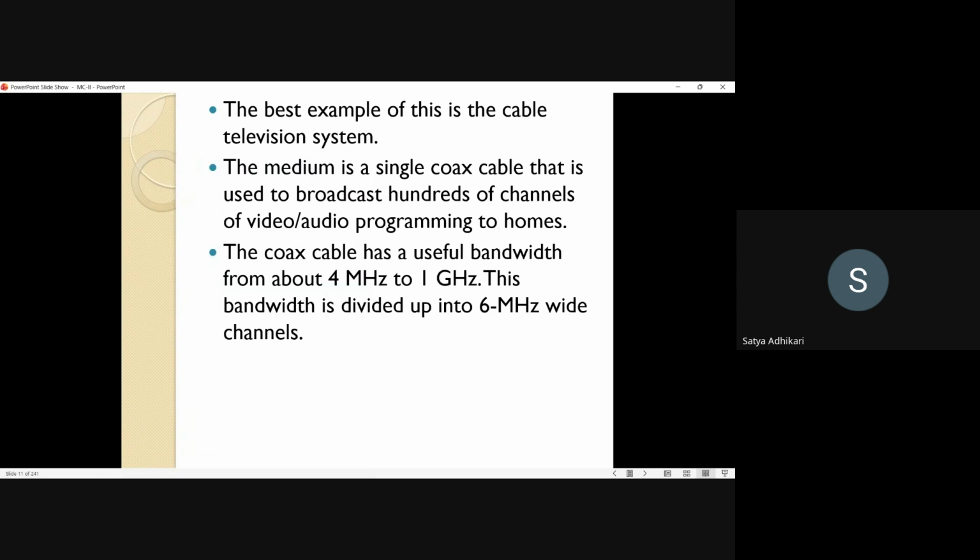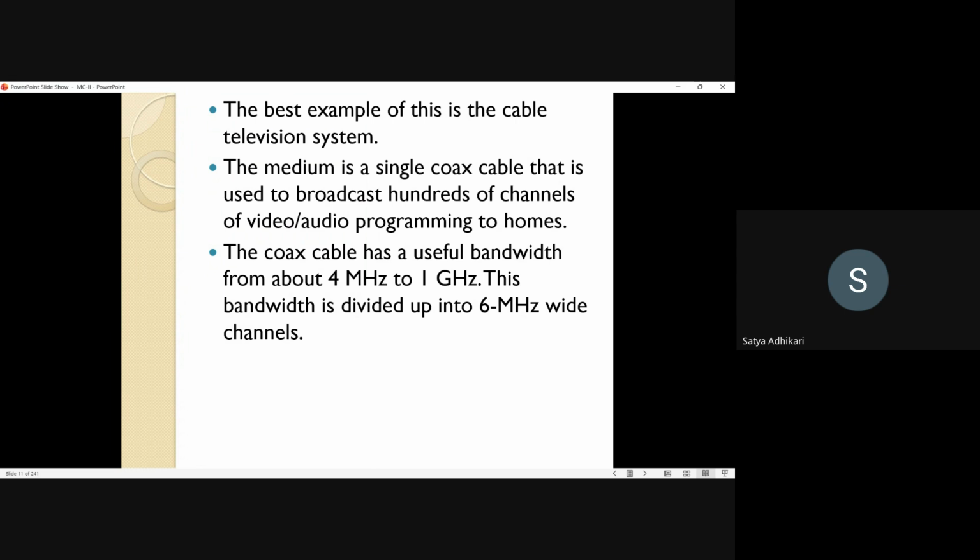So the best example of this is a cable television system. You know that the cable television system is FDMA. That is, the line is connected to a TV, but you can view different channels and different programs on a TV. So this frequency is divided. You change the data frequency and get another channel.